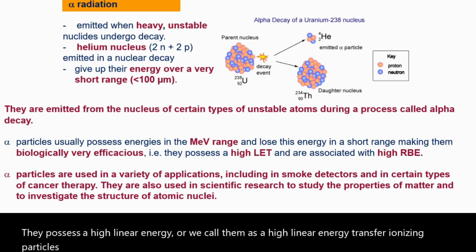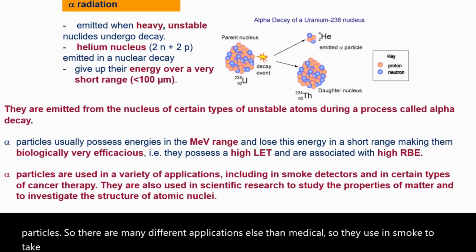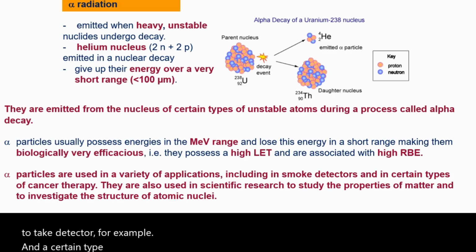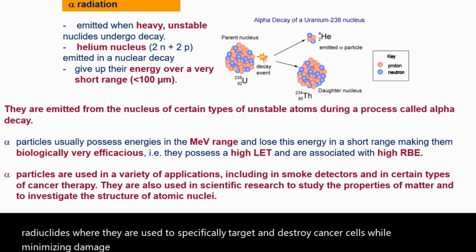There are many different applications other than medical. They're used in smoke detectors, for example, and in certain types of cancer therapy utilizing alpha emitting radionuclides, where they are used to specifically target and destroy cancer cells while minimizing damage to the surrounding healthy tissue.